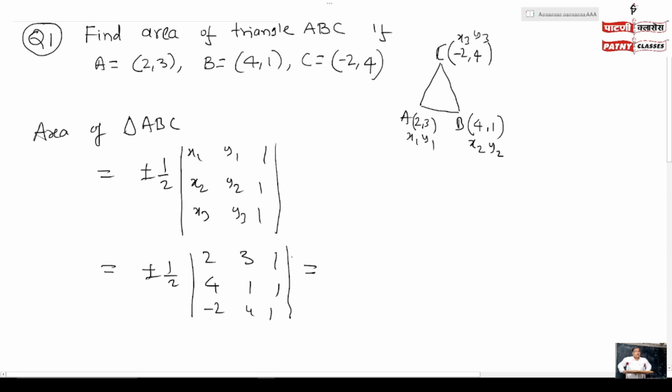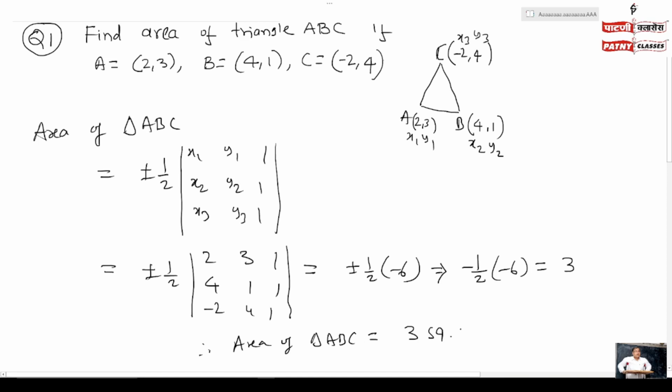The determinant of this is plus or minus 1 by 2 into minus 6, and to get the area positive we take minus half outside. Minus half into minus 6 equals 3. Therefore area of triangle ABC equals 3 square units. This is the required area of triangle ABC.